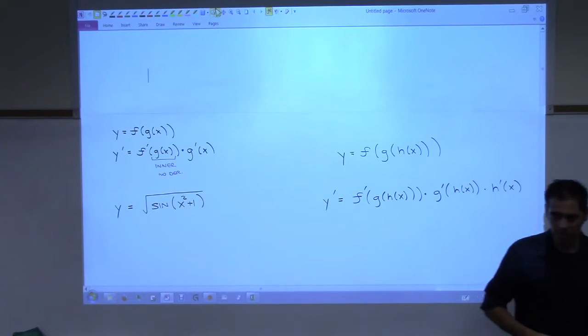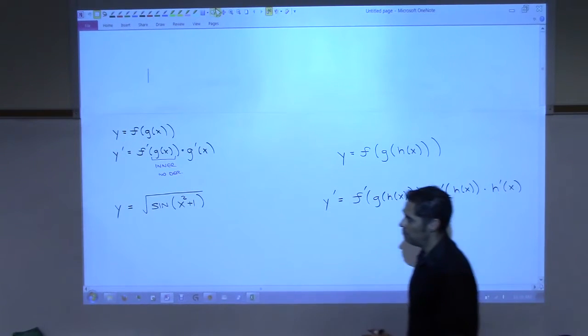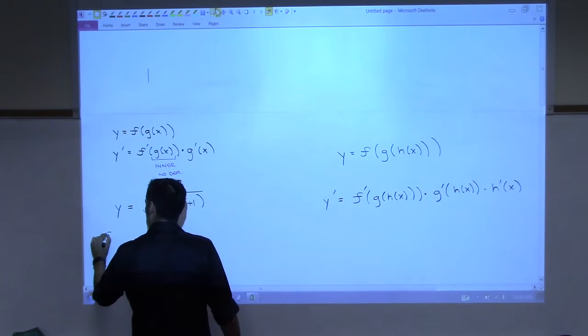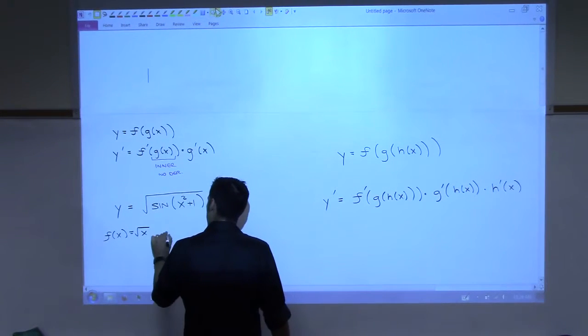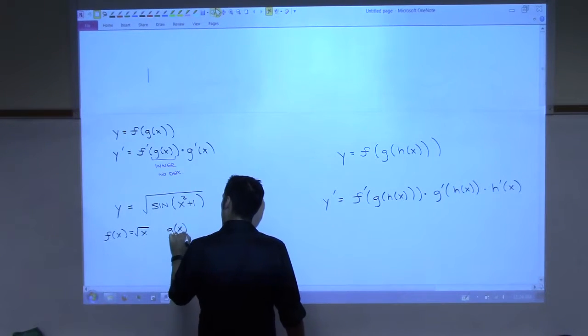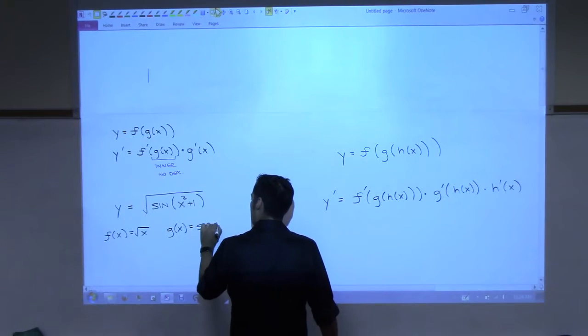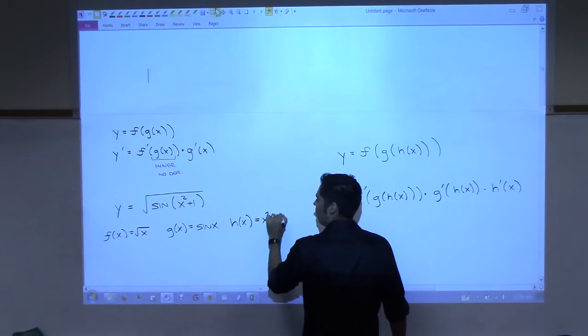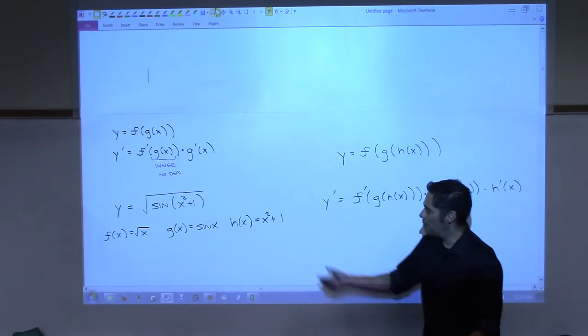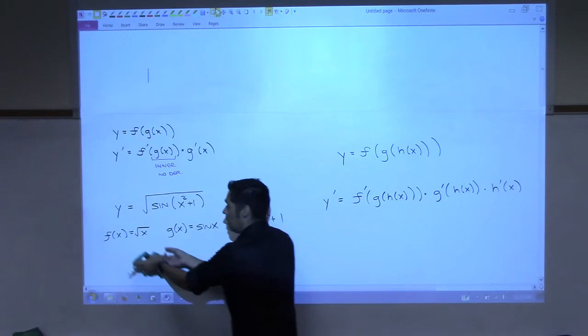So 3 functions, right? I could write them down. F of x would be the root x. G of x, which is the middle one, would be sine x. And then h of x, which is the inside one, would be x squared plus 1. And so if I put this in here and then all of that in here, I'm back to this.